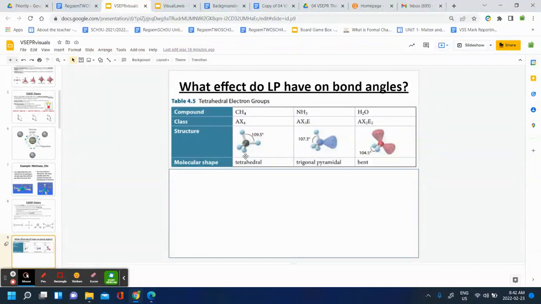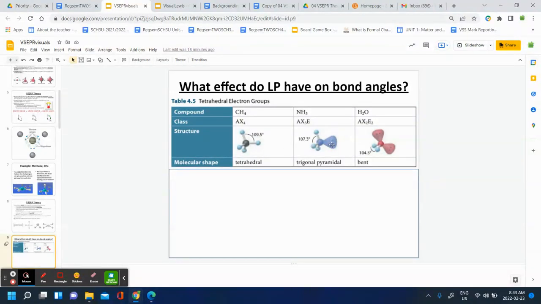So here we don't have any lone pairs, but here we have a lone pair, and here we have two lone pairs. So take a look at what happens as you add lone pairs to a molecule. If we replace the bonded pair here, take away this atom, put a lone pair instead, we get this angle. If we replace two atoms instead by two lone pairs, then we get this angle over here.